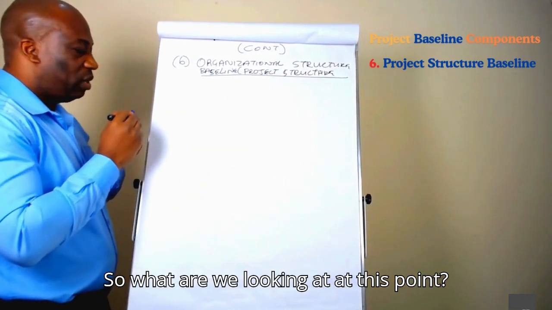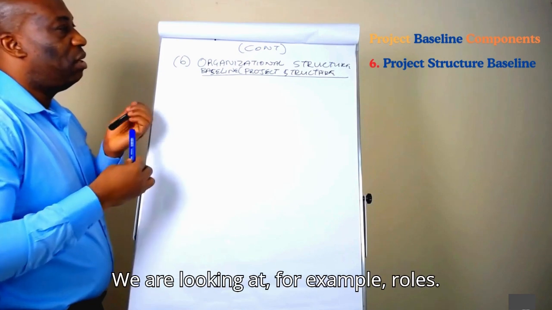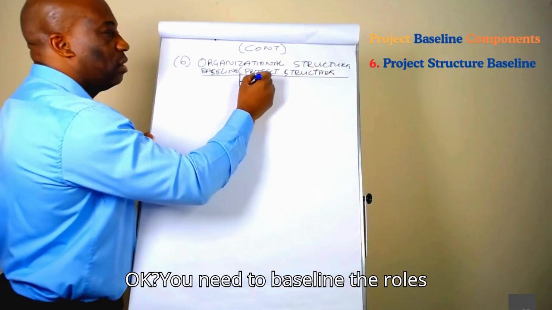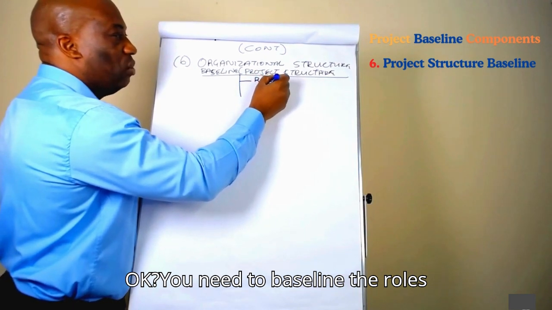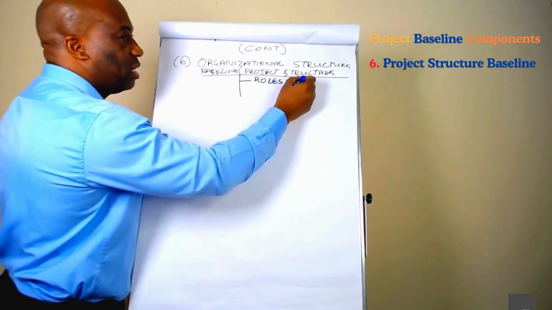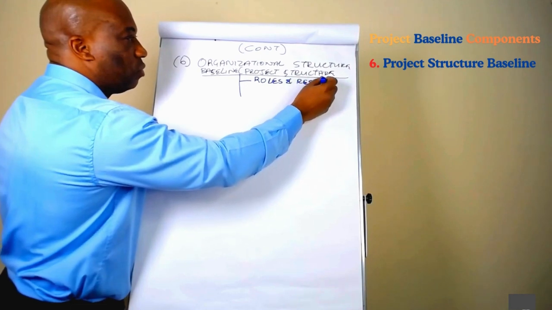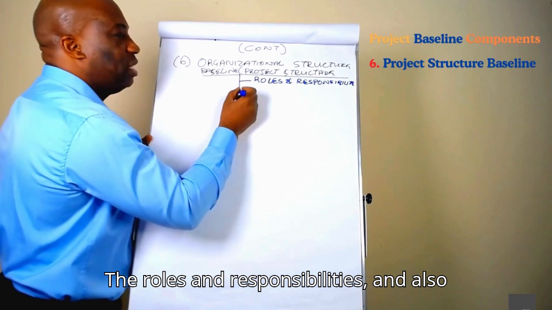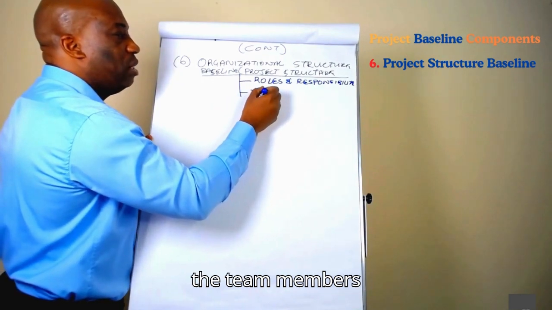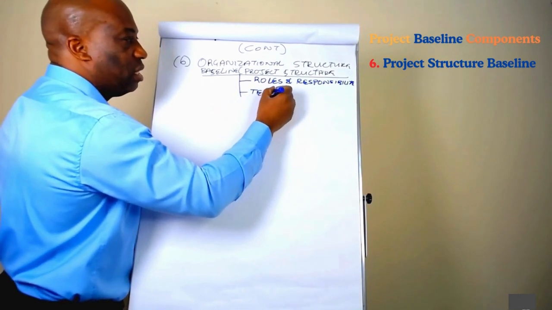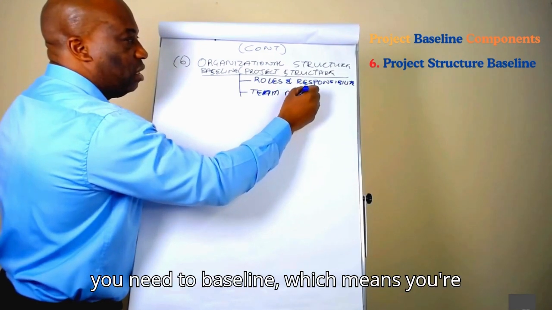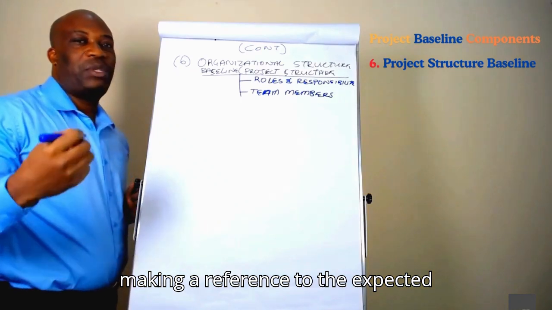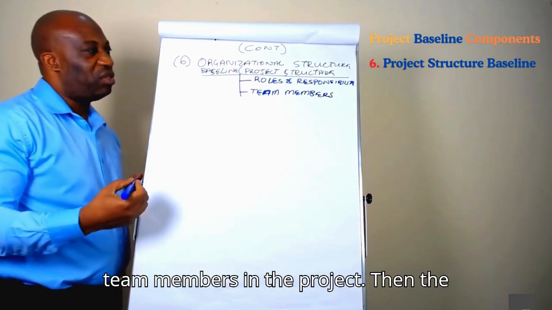So what are we looking at this point? We are looking at, for example, roles. Okay. You need to baseline the roles and responsibilities, and also the team members. You need to baseline, which means you're making a reference to the expected team members in the project.